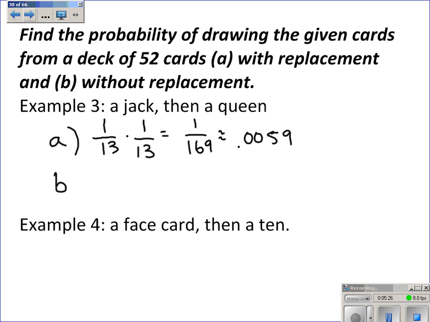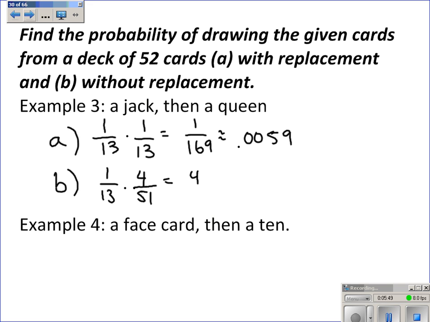B is without replacement. If I pick up a jack and leave it in my hand and pick up a new card, as we typically do in card games, it's 1 out of 13 times... let's see here. If I've already taken a card for my jack, there are only 51 cards left, and how many of them are queens? There are 4 queens left.